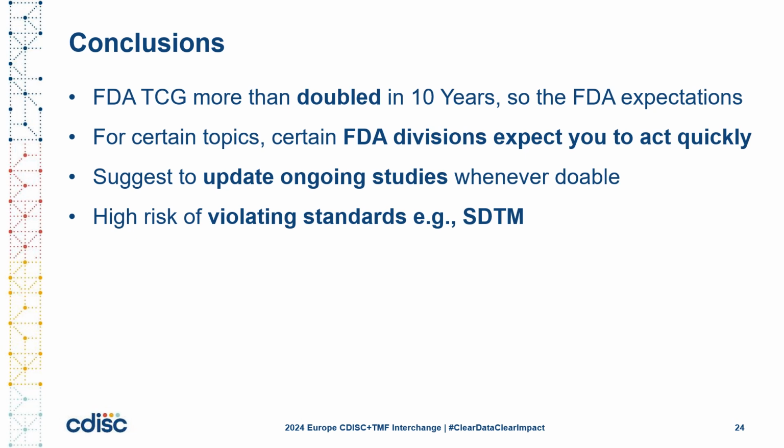So the recommendation is that, at least on key studies, you monitor the changes to the new requirements and eventually apply the changes when doable. And the last point is my personal concern, as sometimes some requirements from the technical conformance guide are not fully aligned with the currently available standards, or sometimes also the other way around.